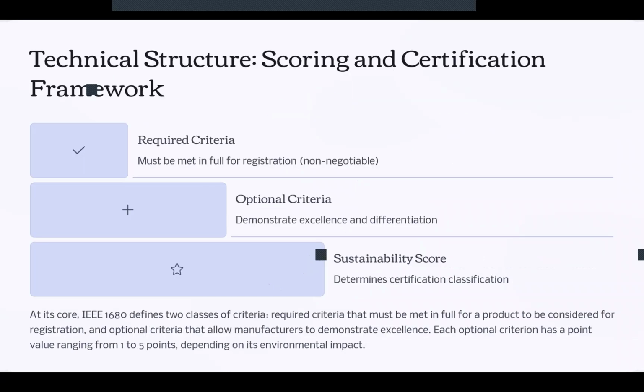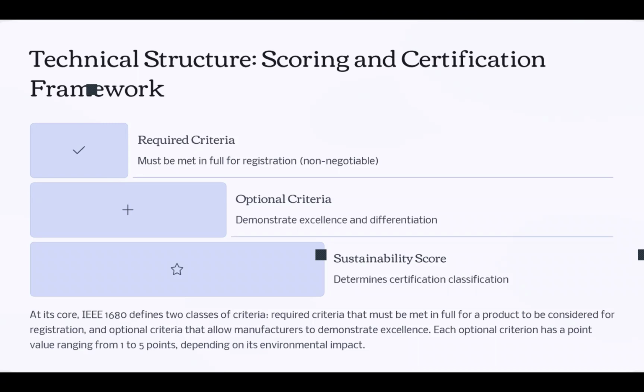Now, IEEE 1680 has two types of criteria. One is required, and another one is optional. So understanding the difference is key to understanding how the scoring works. So required criteria are non-negotiable. If a product misses even one of these, it's not getting certified. Now, optional criteria let manufacturers show off a little.